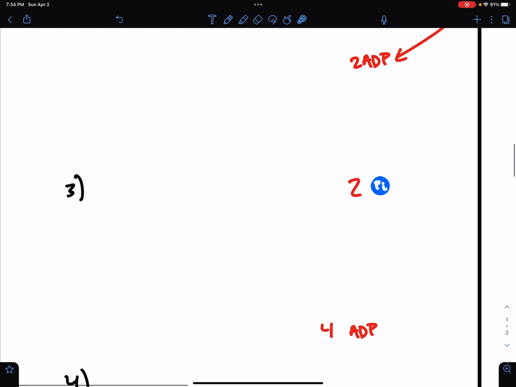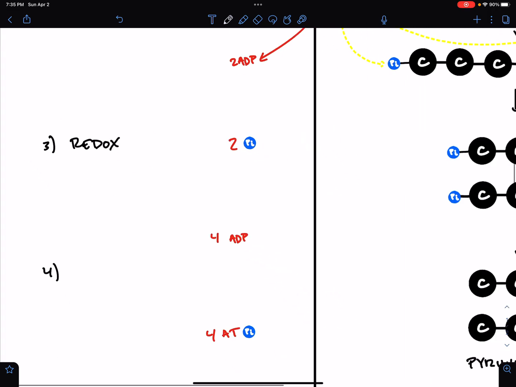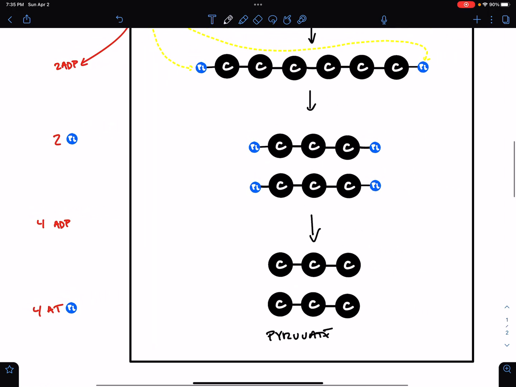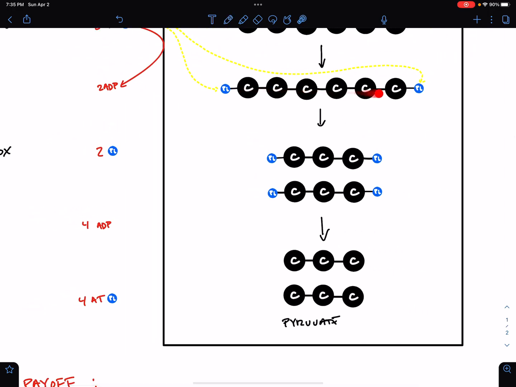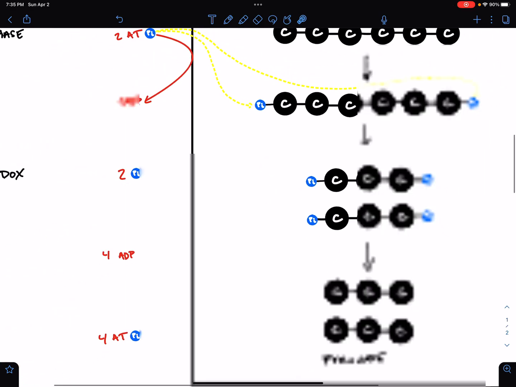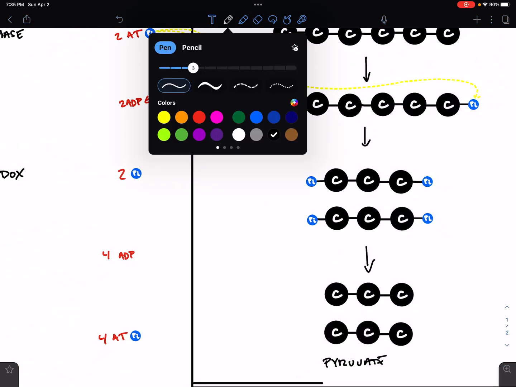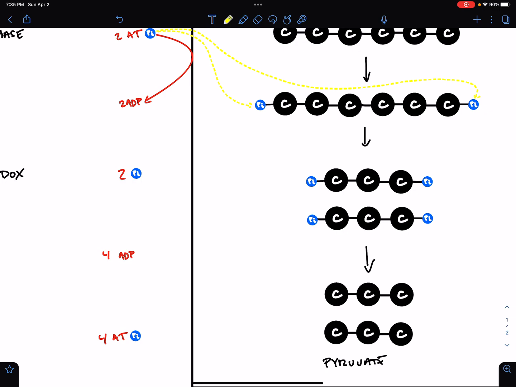Next up, we have a redox reaction. So let's pay attention to where the electrons go. This 6-carbon molecule breaks down into 2 3-carbon molecules when 2 more phosphate groups are added.